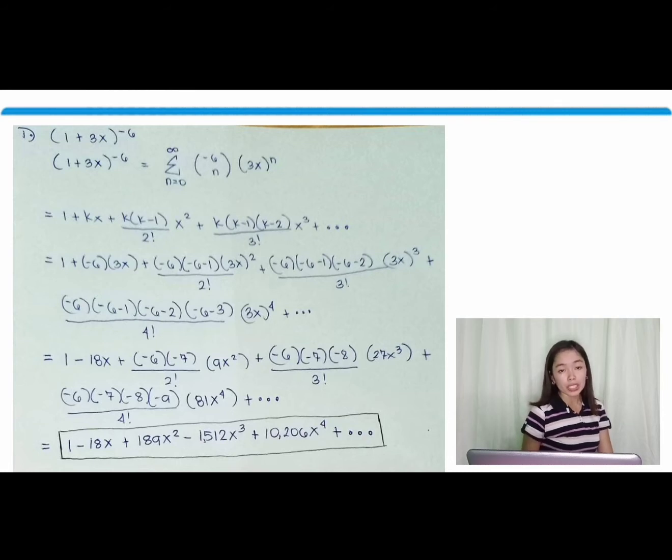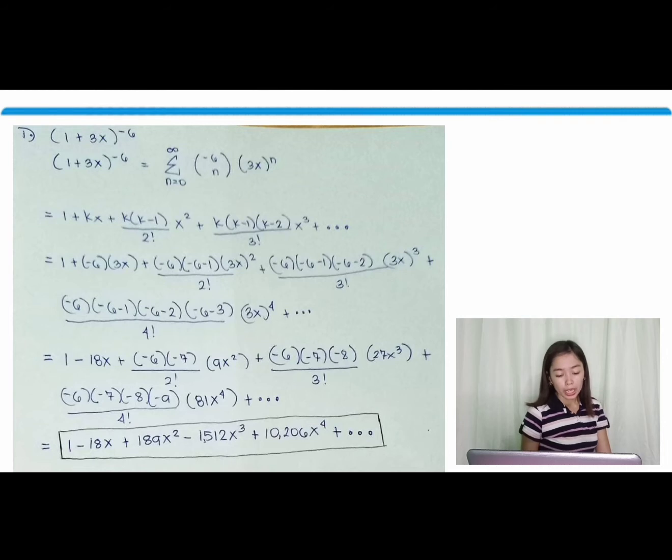But first, we need to make sure that it is in the proper form to use the binomial series, which is 1 plus x raised to k, which in this case it is already in the proper form with the value of k equals negative 6. Now, we'll need to plug this into the general form, which is the summation of x raised to n as n goes from 0 to infinity, index k to n.